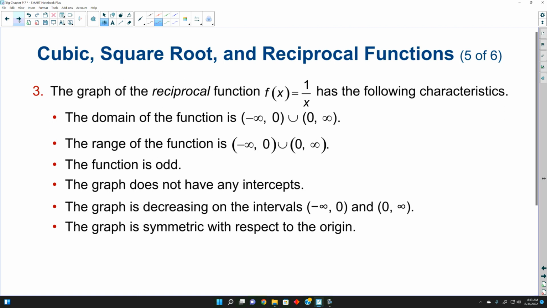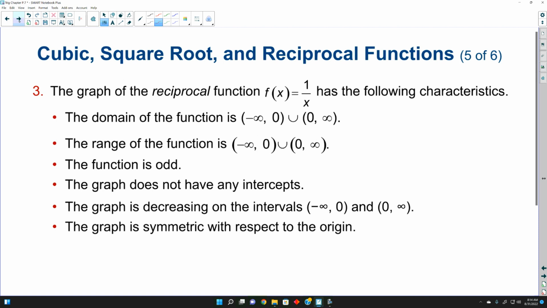We have the reciprocal function. y equals 1 over x. f of x equals 1 over x. The domain is pretty much everything except 0, because I can't have 1 divided by 0, but I can have any other number.